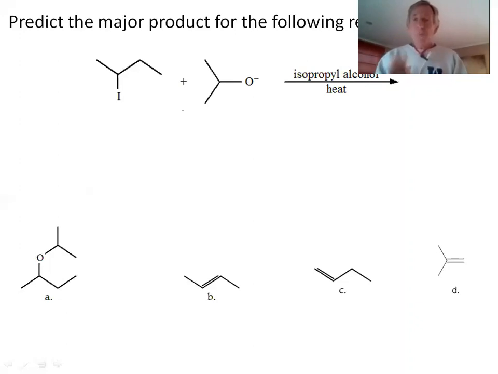You can also pause the video. Just pause the video right now. Think about it. When you're ready to hear the answer, unpause the video and I'll start. Three, two, one. Here we go.